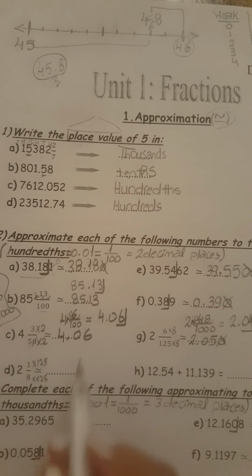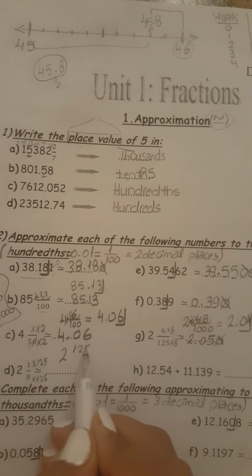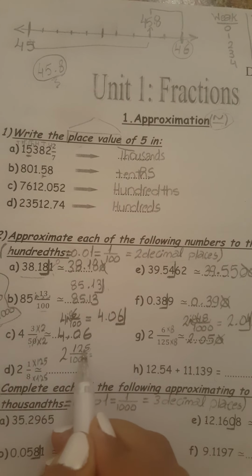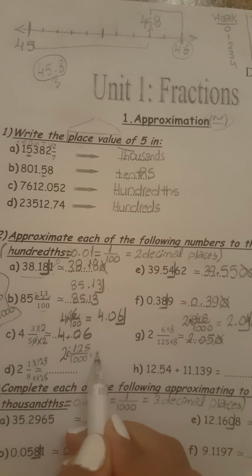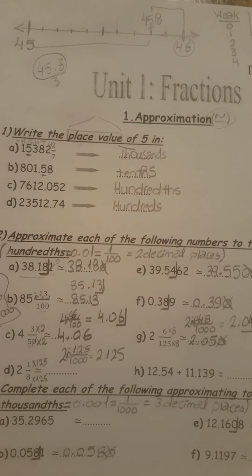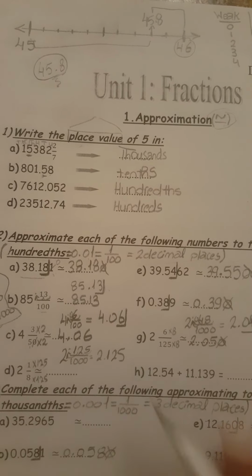Okay, so I will write 2 and 125 over 1000, which equals 2.125. Okay, he wants me to approximate it to the nearest hundredth. Where is the hundredth?